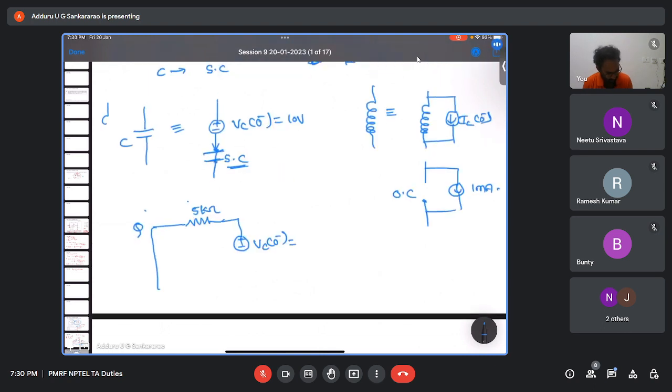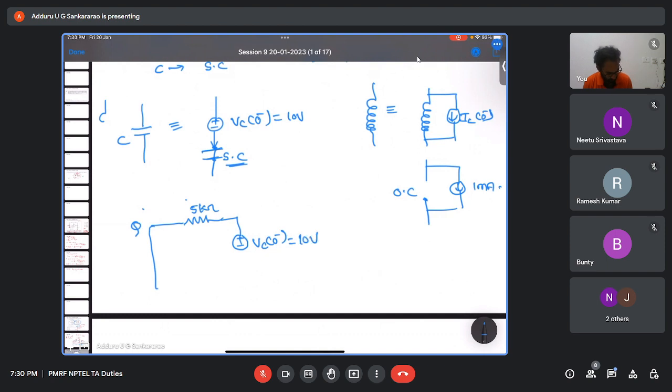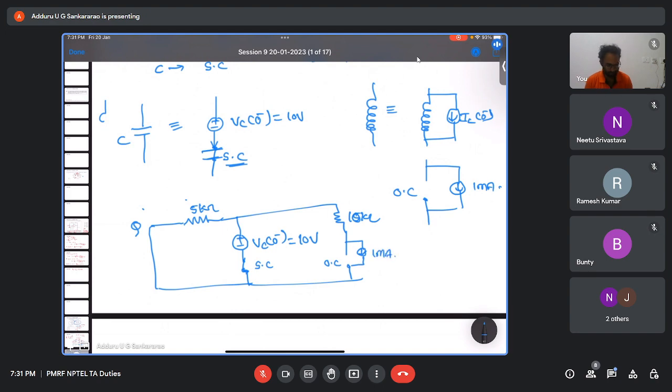That is how much? 10 volts, and the capacitor is short circuited. The capacitor is short circuited, and for the inductor here I think we have some 5 kilo ohm or 10 kilo ohm, and the inductor is open circuited, and here we have 1 milliampere.